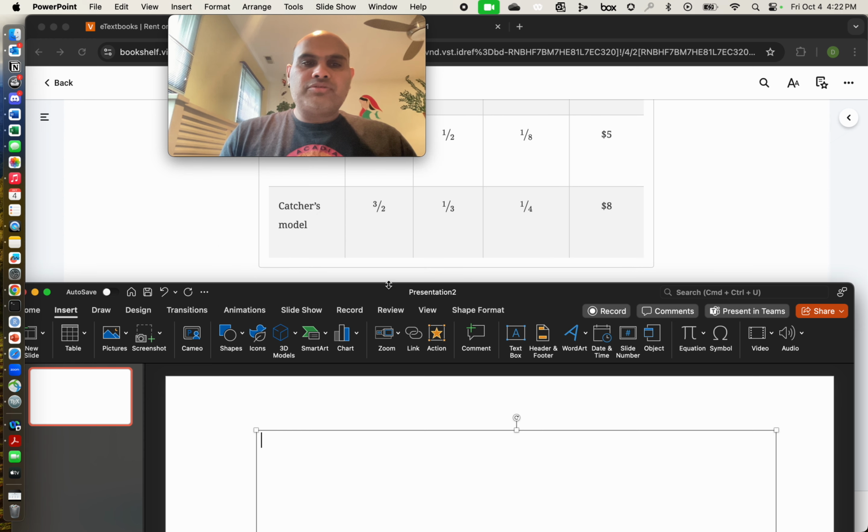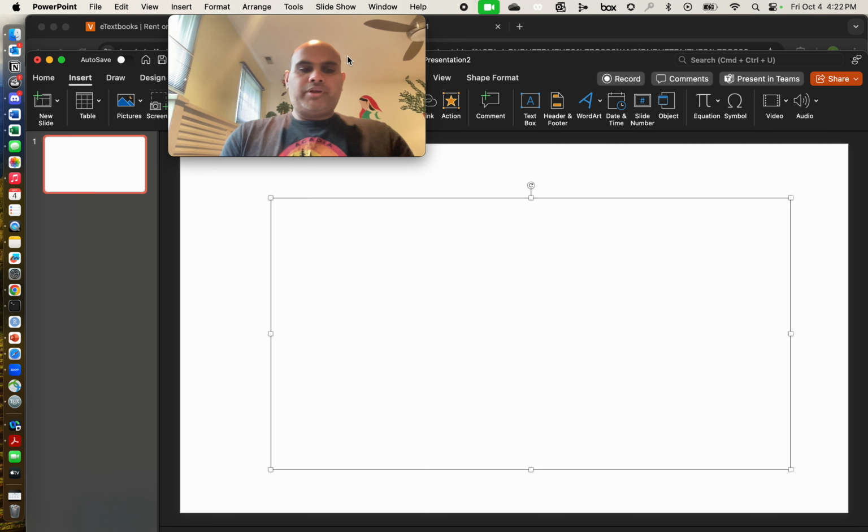So we have two models here, the catcher's model and the regular model. So let's begin with decision variables.